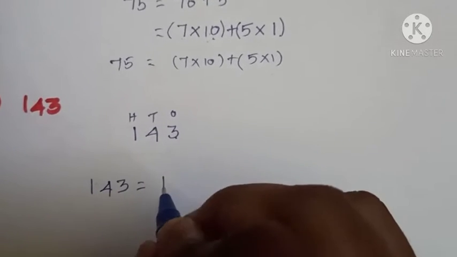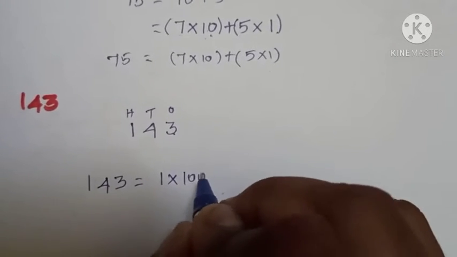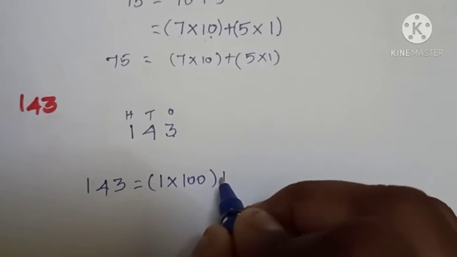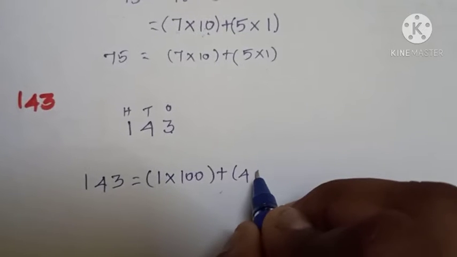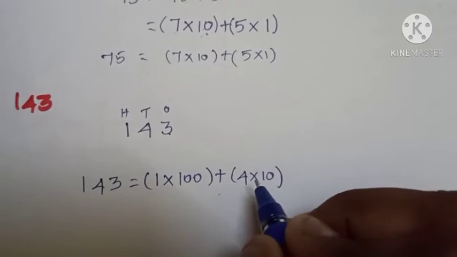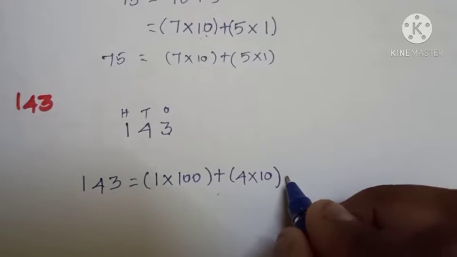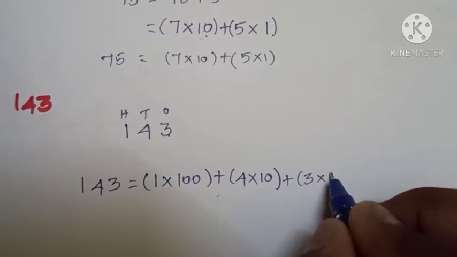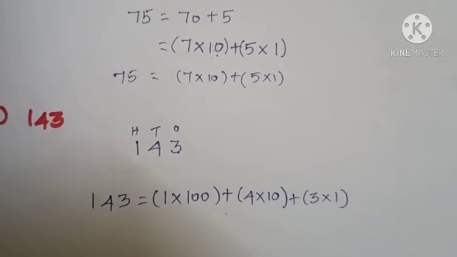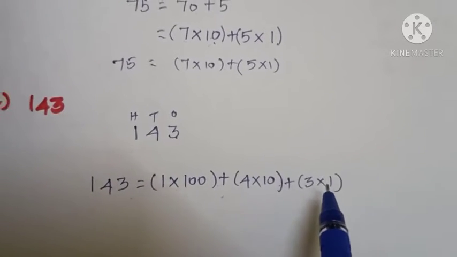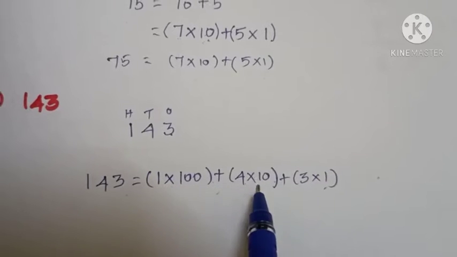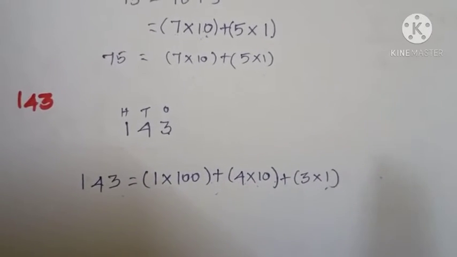Only 100, so you can write 1 into 100, plus how many tens are there? 4 tens. You can write this as 4 into 10. How many ones? 3 ones are there, plus 3 into 1. So this is the general form of 143: 100, 4 tens, 3 ones. So 140 plus 3, 143.